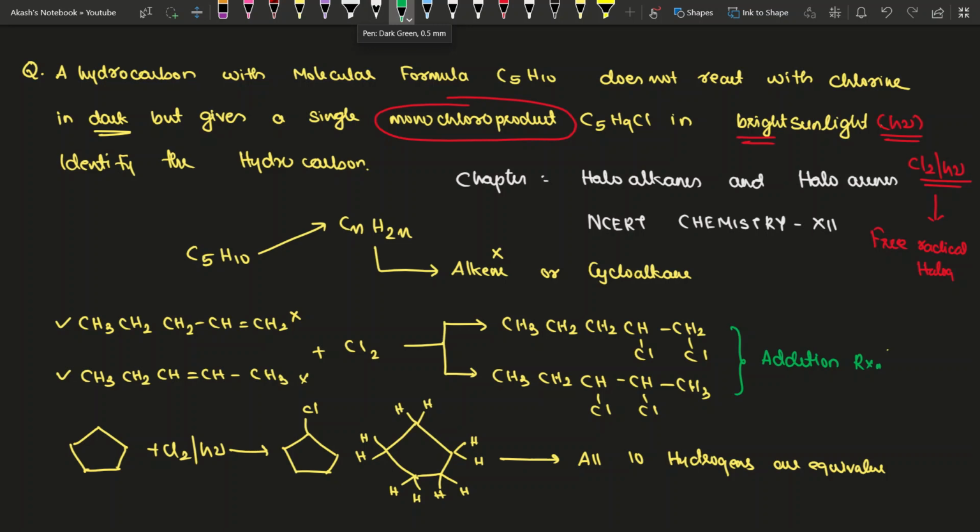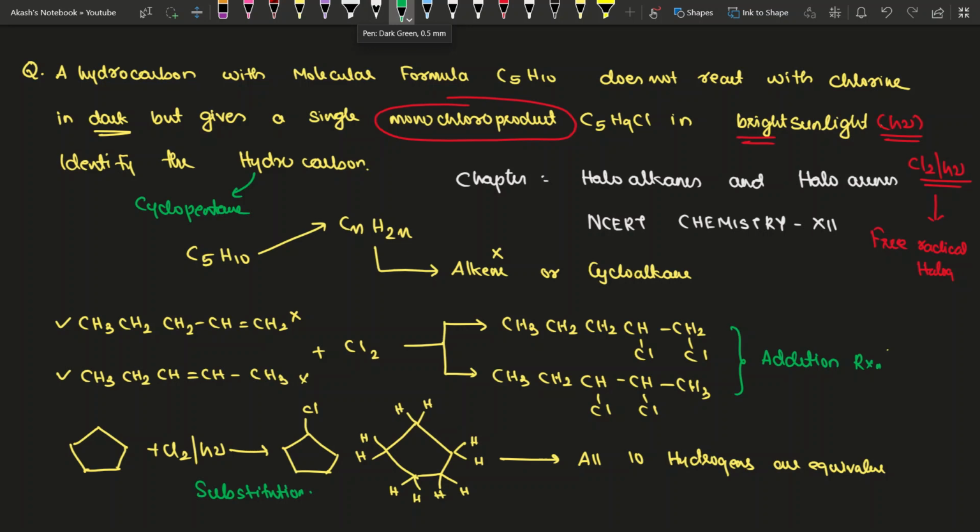Whenever you add a halogen in the presence of light to a cycloalkane, it undergoes a substitution reaction. Addition reactions are faster and do not require activating conditions like sunlight or heat. But substitution requires breaking the bond between carbon and hydrogen, and that hydrogen is replaced by chlorine. So our identified hydrocarbon is cyclopentane.